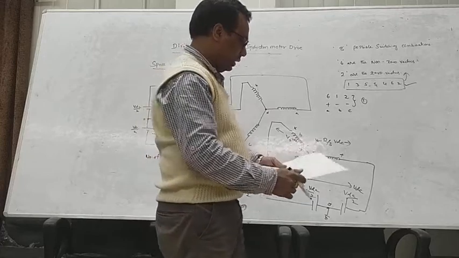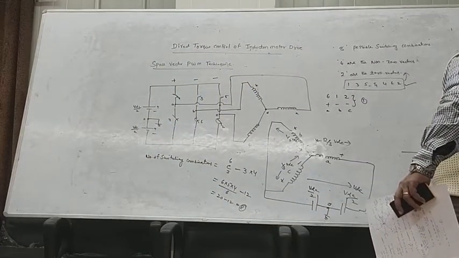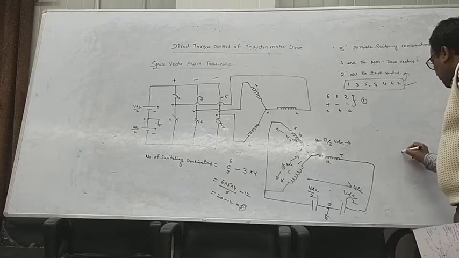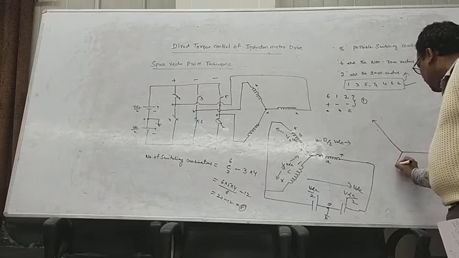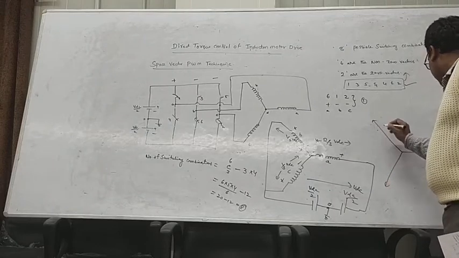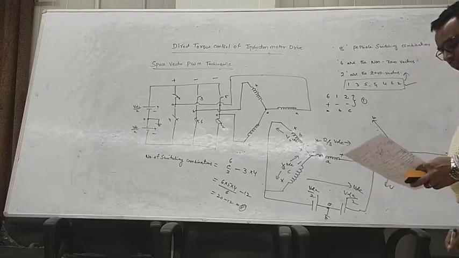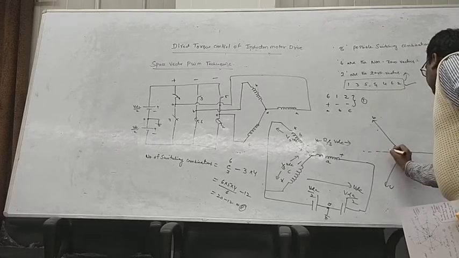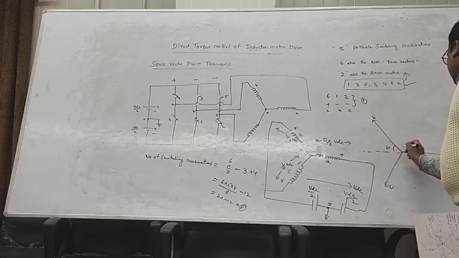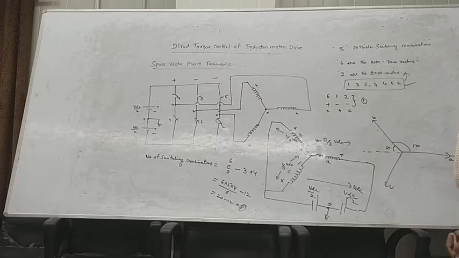If you simplify this, for example, this is the A phase, this is the alpha axis, and this is the beta axis. And B phase, and this is C phase. If you project this, this angle is 60 degrees because this angle is 120 degrees, this is also 120, and this is also 120 degrees.